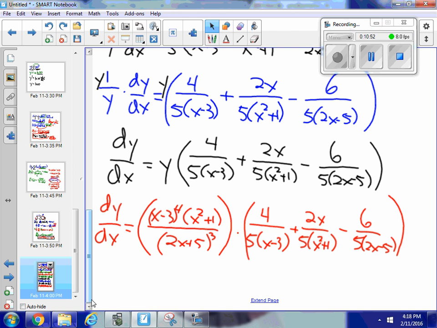And that is my final answer. It looks kind of nasty, but if you take it step by step, it's not so bad. And I think it's a whole lot better than trying to use the power rule, the product rule, the quotient rule for that one big monster derivative.